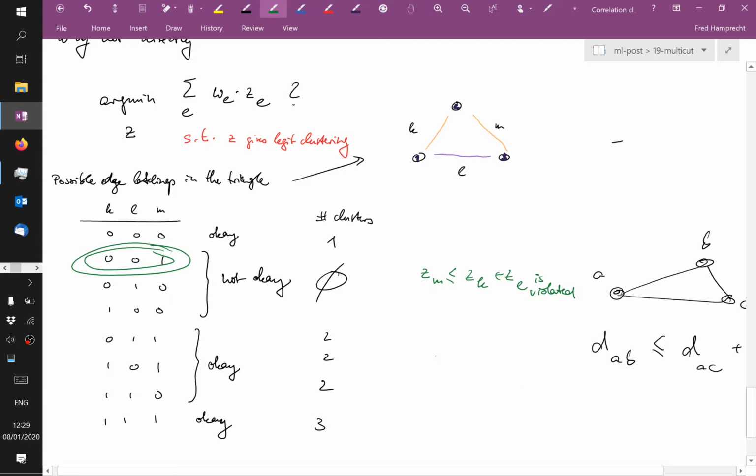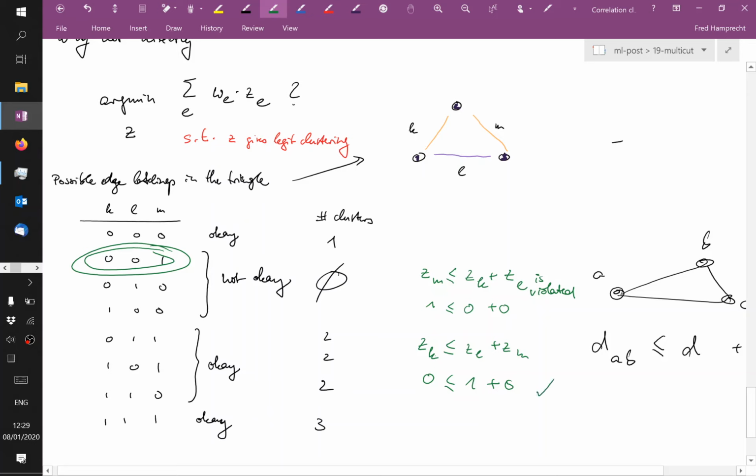But if we choose one of the other edges as a pivot for the same partitioning here, so here we had 1 is less than 0 plus 0, and we said that's violated. But if on the other hand, let's say we make K our pivot, ZK less than ZL plus ZM, then I get that 0 is less than 1 plus 0, which is okay.